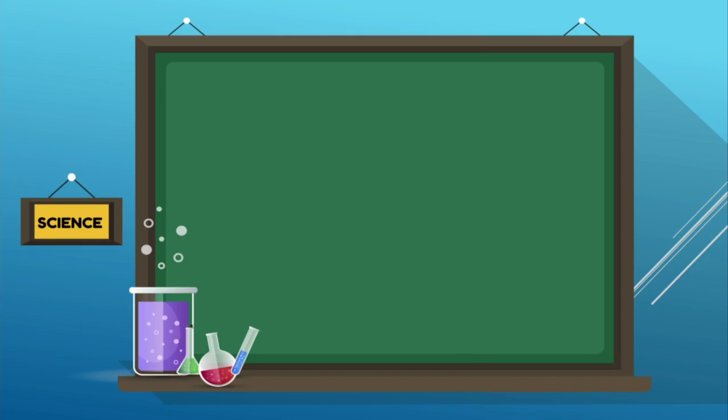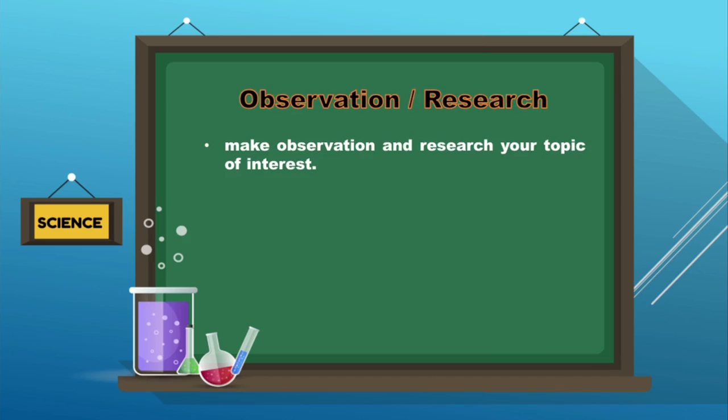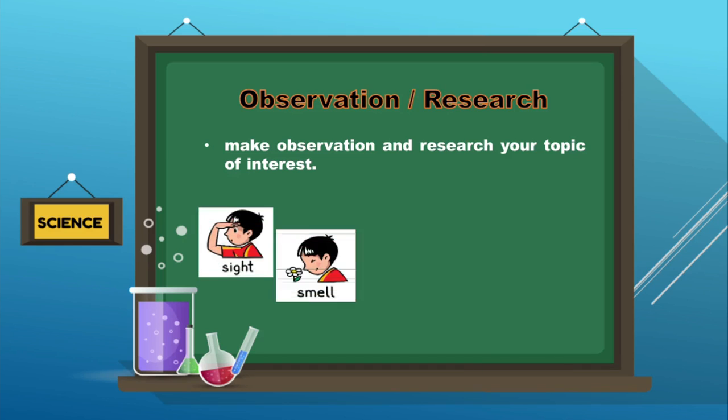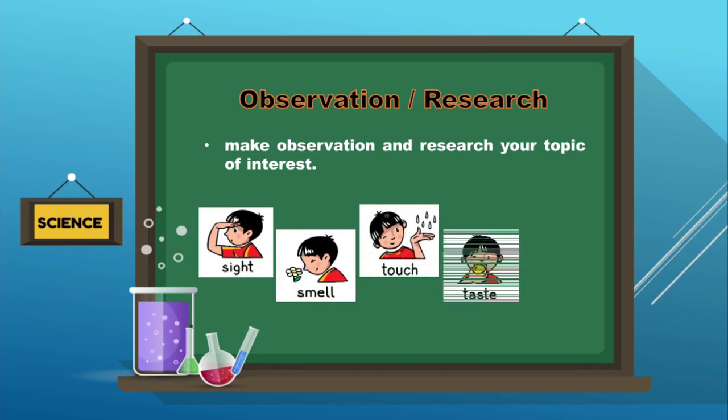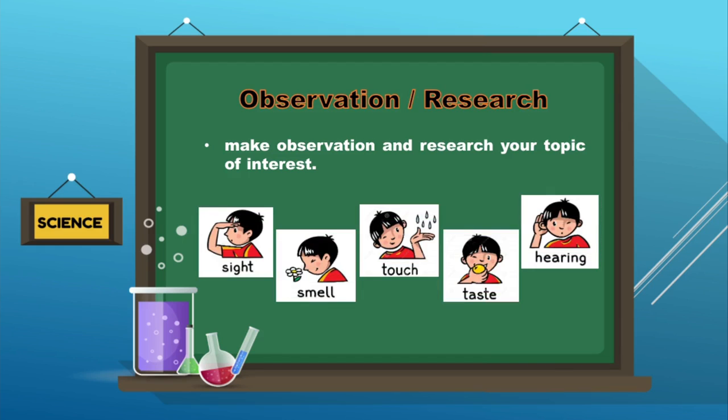Now, let us proceed with the second step of the scientific method, which is do an observation and background research. In this step, you are going to make observations and research your topic of interest. In doing an observation, you are going to use your 5 senses like sight, smell, touch, taste, and hearing.